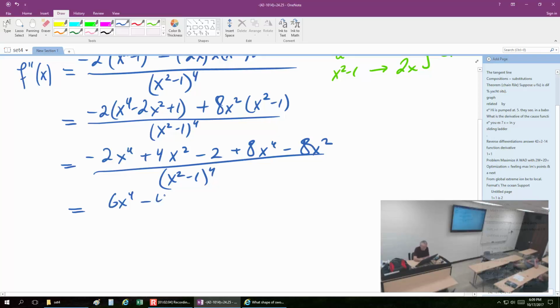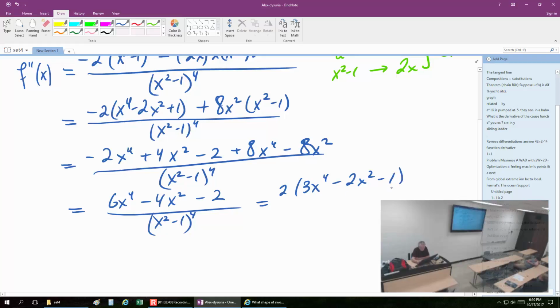Then I have -4x squared and minus 2. So that's the 4th power. That is 2 times (3x to the 4th minus 2x squared minus 1).